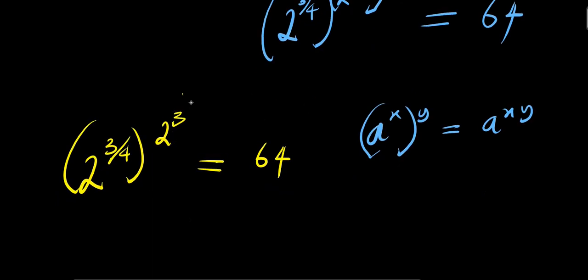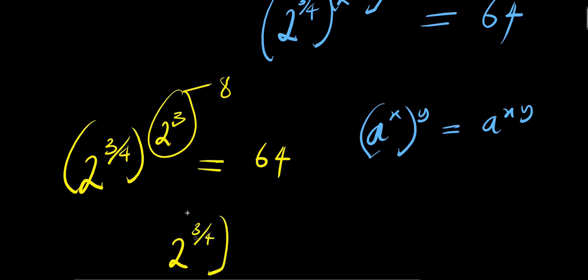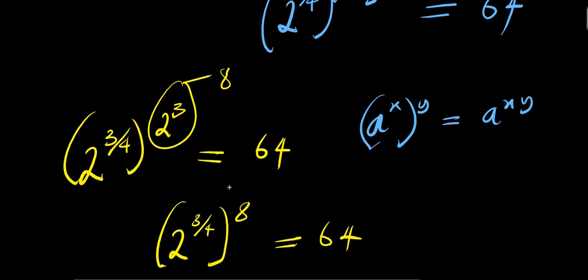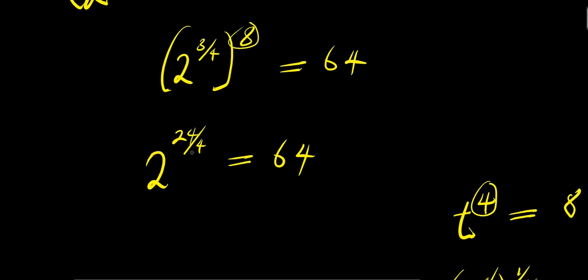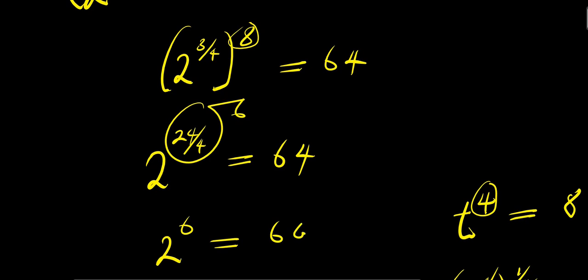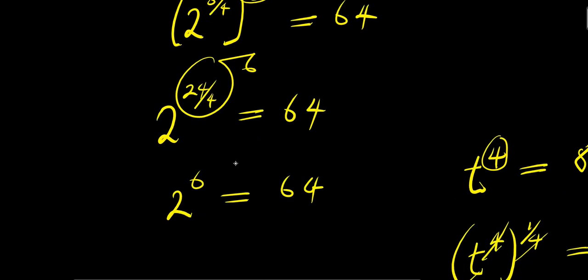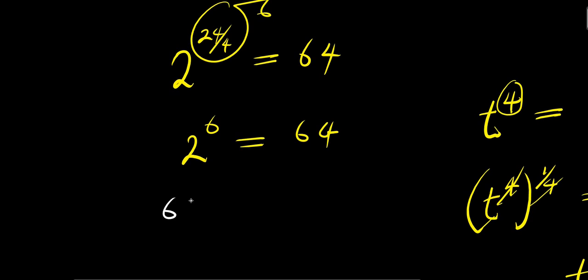And from here, this is 8, so we have 2 power 3 over 4 power 8 equals 64. And from here, 8 times 3, that is 24. We have 2 power 24 over 4 equals 64. And 24 over 4 is 6, so we have 2 power 6 equals 64. And 2 power 6 is 64, and this equals 64.